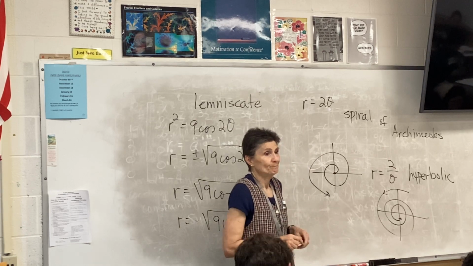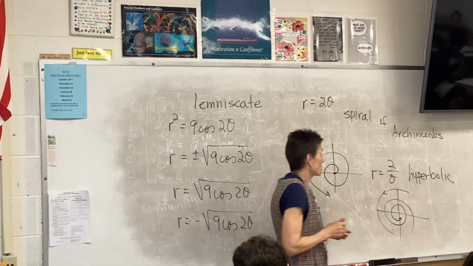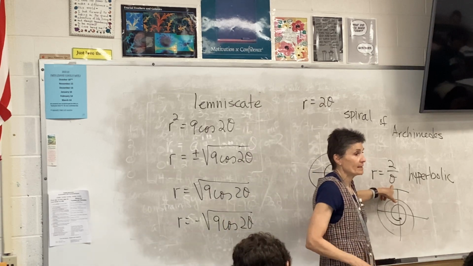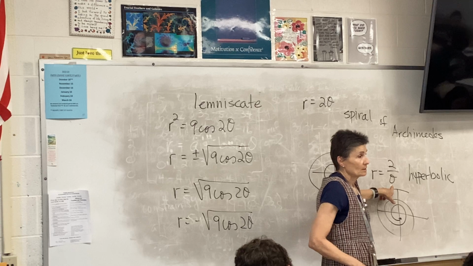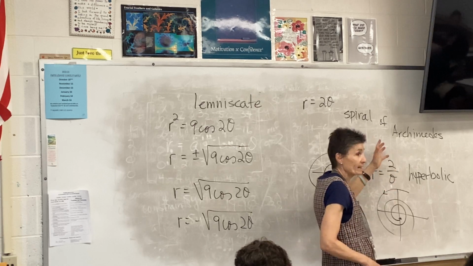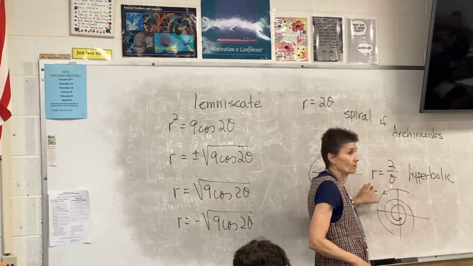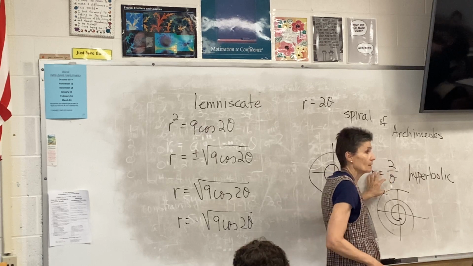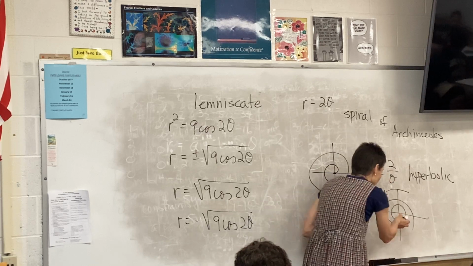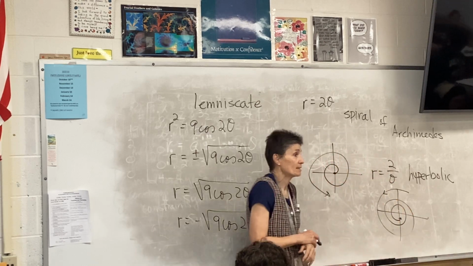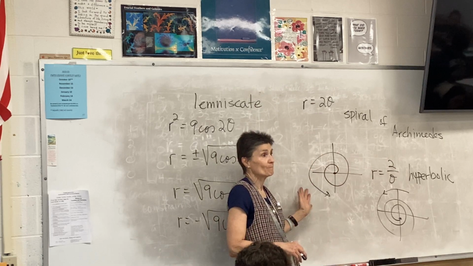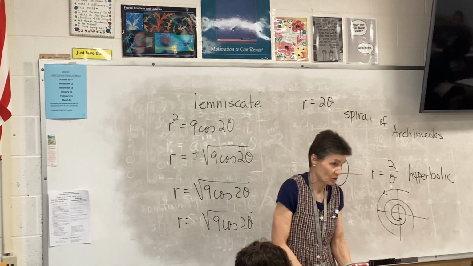No. Why not? Because theta cannot be zero. Right? R cannot be 0. This will never equal 0. So you're going to keep going and going and going, but you're never going to get to the pole, whereas that's where an Archimedean spiral starts.